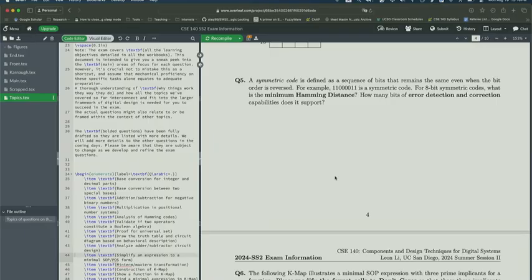Yes. Yes. Hamming distance, yes. The minimum number of positions where these two numbers differ.